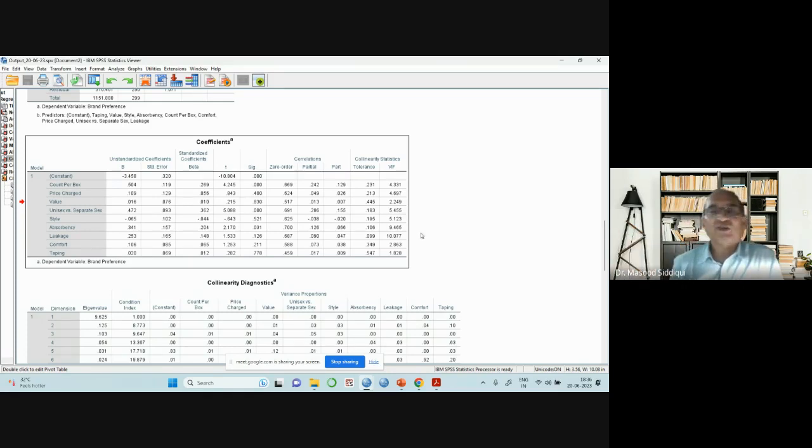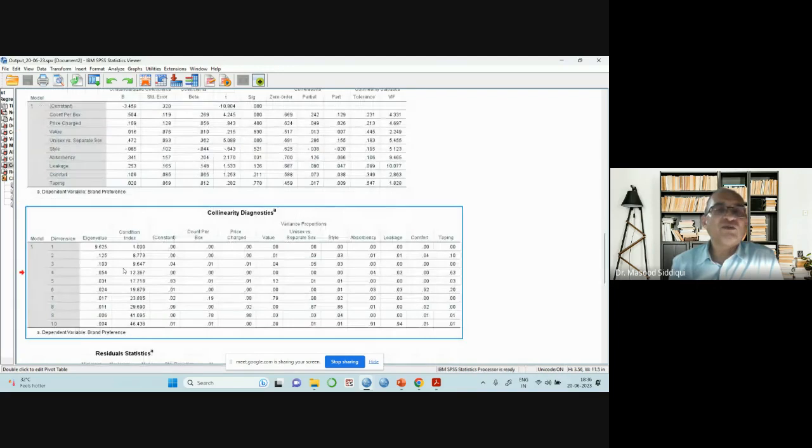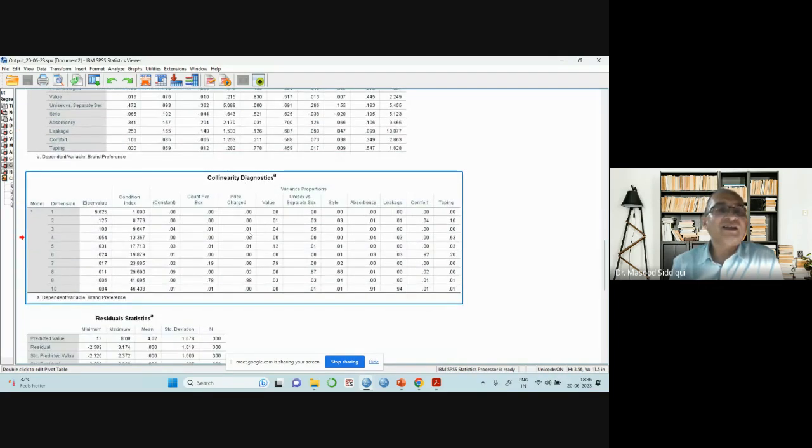We cannot ignore it. Further, if we go to the collinearity diagnostics and look at the condition indices, what was the thumb rule? If a condition index is greater than 25, then we have severe multicollinearity. There are three dimensions, 8, 9 and 10, which have condition indices over 25: 29, 41 and 46.